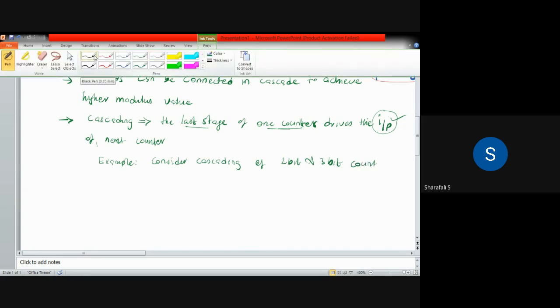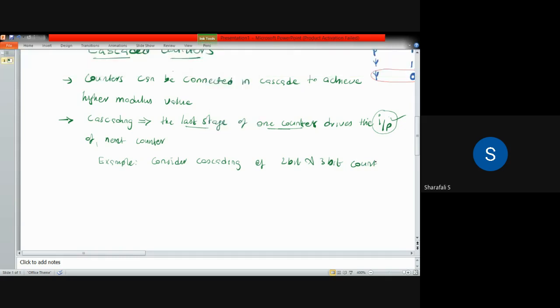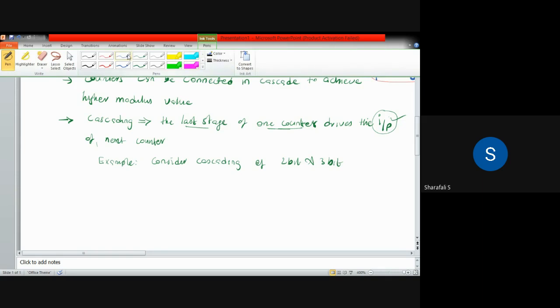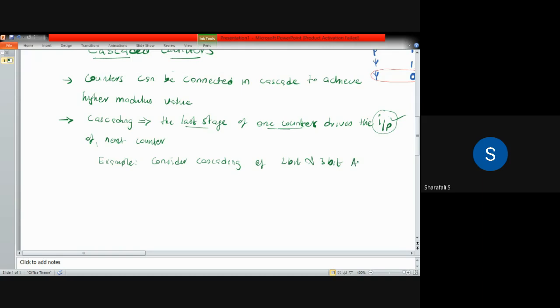In this case, we are considering asynchronous counters, a 2-bit and a 3-bit asynchronous counter.